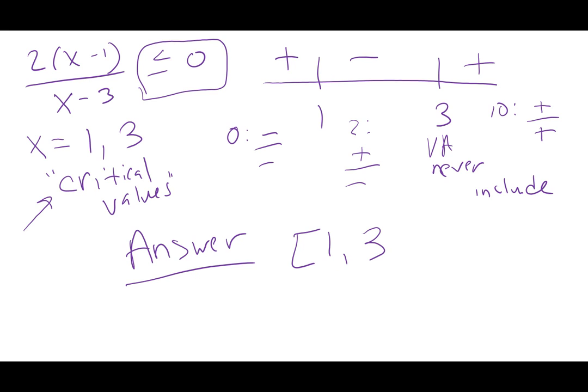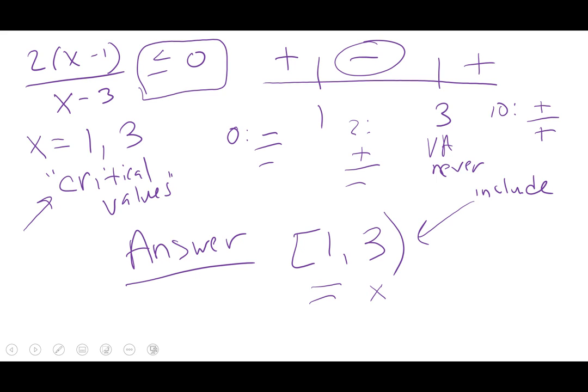Then I'm going to go all the way to 3, but I'm not going to include 3 because of the fact that it's a vertical asymptote. So my answer to this problem is bracket 1 to 3. And again, it's because less than or equal to 0 means anywhere that there's a negative. You're going to include the x's where possible. So include the 1 because that's a 0, but don't include the 3 because that's where the vertical asymptote lives.